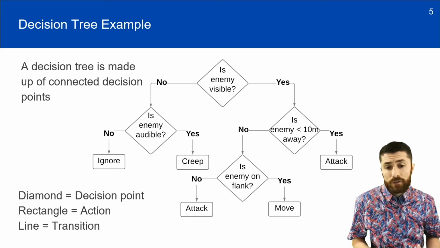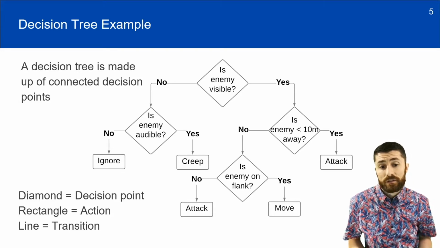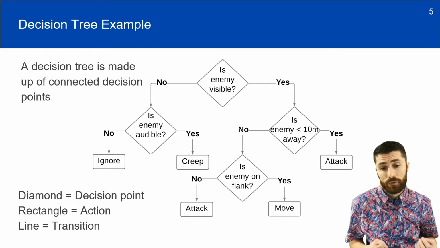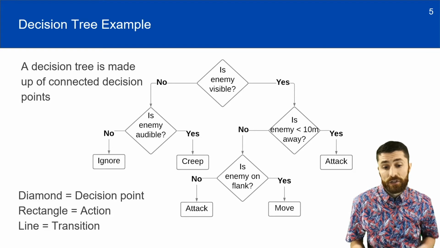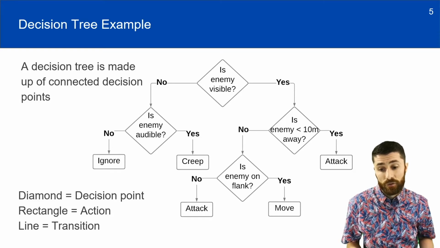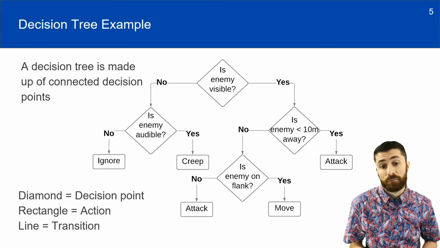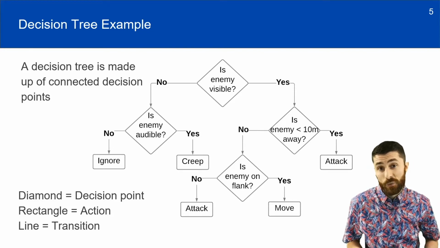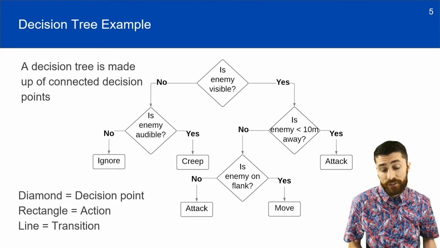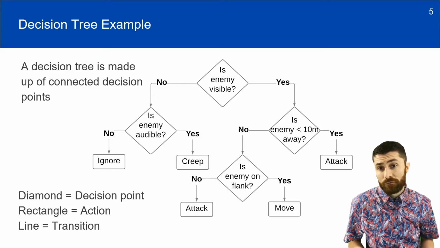The thing I want you to note about this is it's very important to see the structure of this decision tree and what each single type of element does. So we have diamonds that perform tests. We have the rectangles that are the actual actions and the outcome of the decision tree. And we also have the transitions.